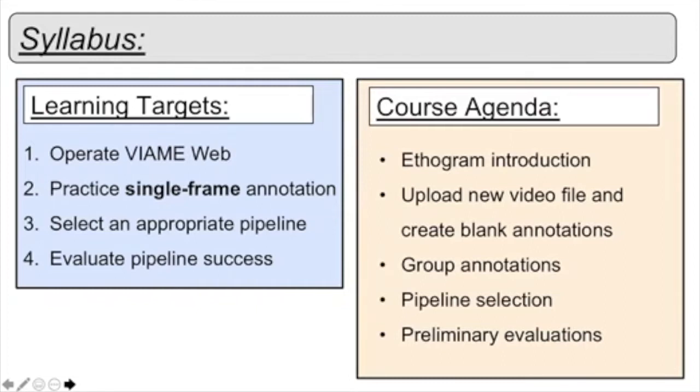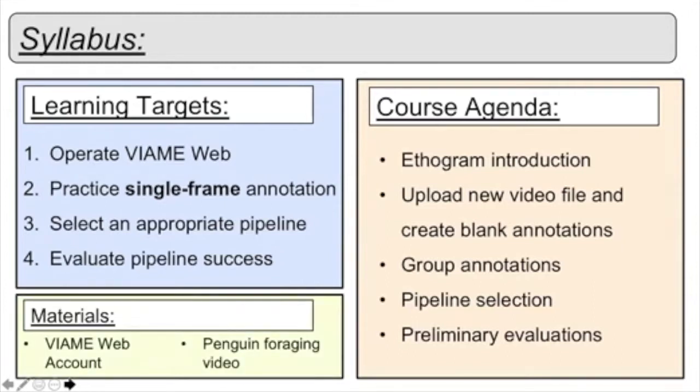We're going to work through some group annotations so that you can get a sense of how annotating video feels in VIAME and about how much time it takes when starting a new project. We're going to talk about the different pipelines and then do a little bit of preliminary evaluation demonstration, depending on how time works out.